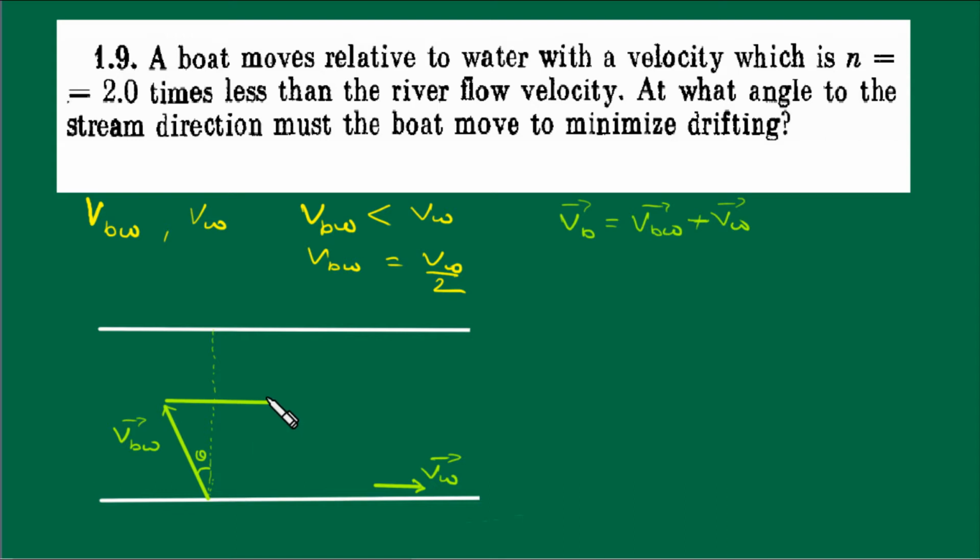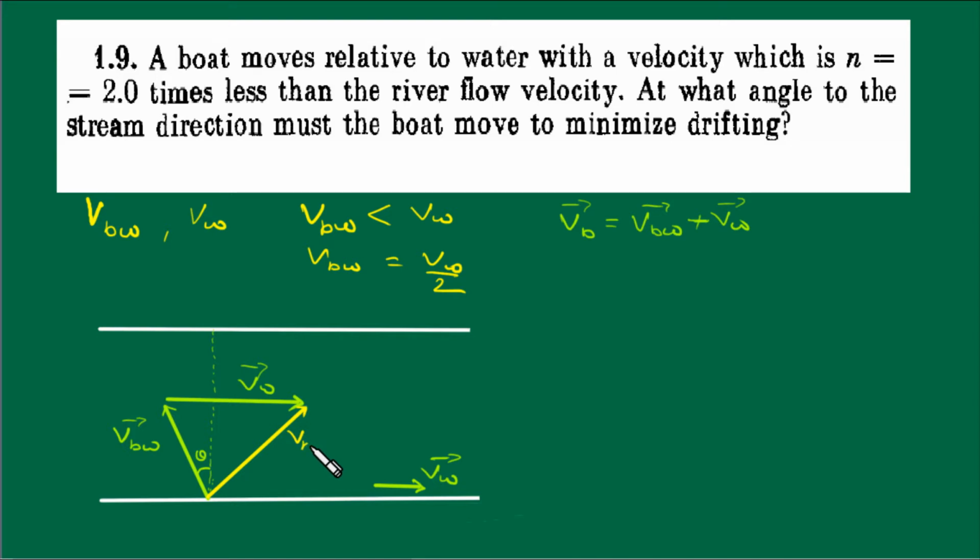Let's say this is the velocity of water, and they have said this is 2 times, so let me draw it double, twice, because the length of the arrow represents the magnitude of the vector, so it must be like this, and the resultant will be in this direction. Let me draw the resultant for you. This is the resultant, right?